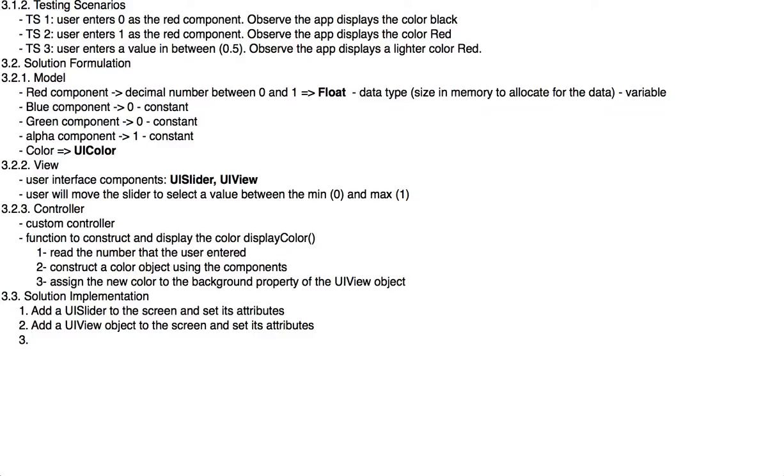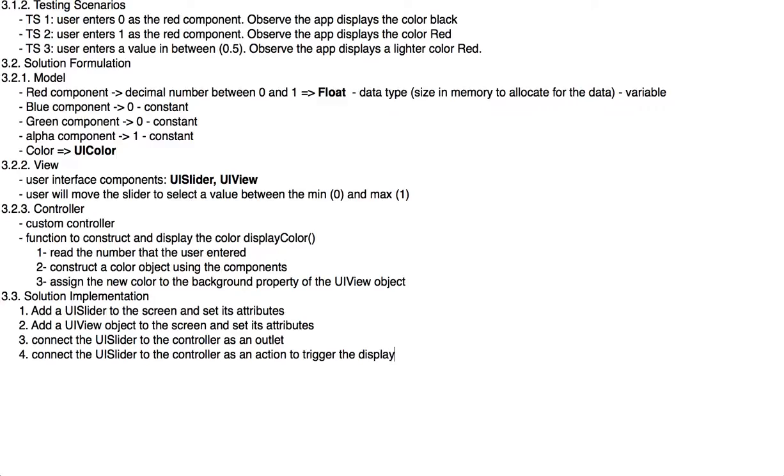Good. Then we need to connect the UI slider to the controller as an outlet to exchange the data. Then I need to connect the UI slider to the controller as an action to trigger the display color function.